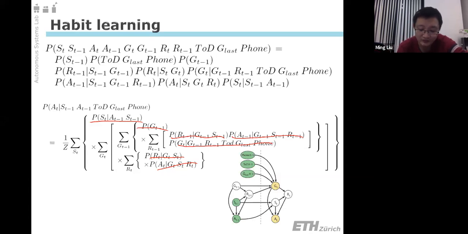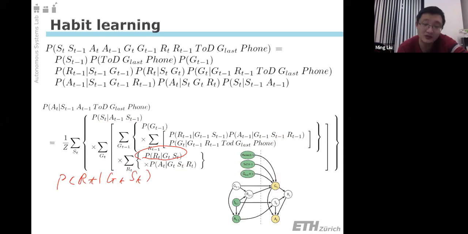Right? And taking an example, I pick an easy one. The P of RT given GT, ST, what does it mean? It means whether I have reached the goal. If I reach the goal, then RT has a higher probability. And then I need to know what is the current goal and what is the current state.